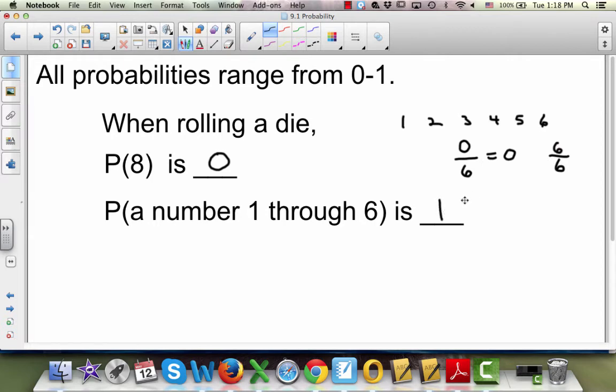So the least you can have is a 0 possibility, and the greatest you can have is a 1 possibility. Or if you think of that as a percent, that would be 0%, and 1 becomes 1.00, moving the decimal over 2 places, 100%. Okay, so from 0 to 100% probability.